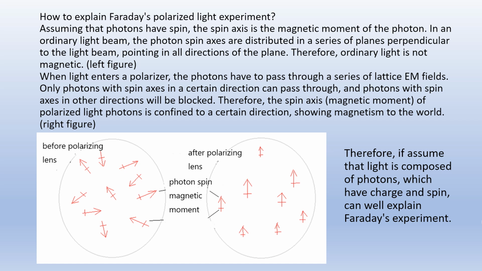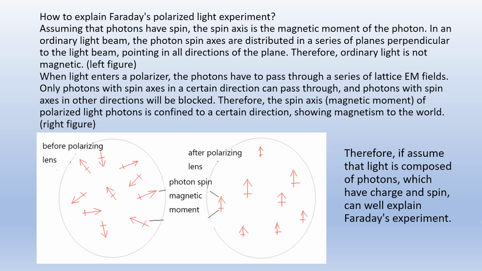When light enters a polarizer, the photons have to pass through a series of lattice EM fields. Only photons with spin axes in a certain direction can pass through, and photons with spin axes in other directions will be blocked. Therefore, the spin axis, the magnetic moment, of polarized light photons is confined to a certain direction, showing magnetism to the world.